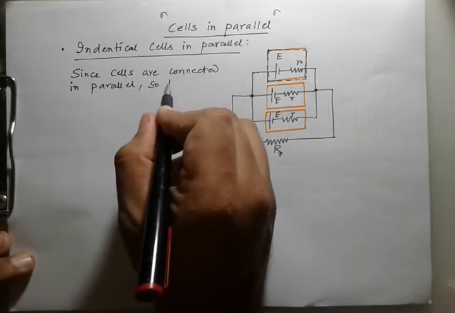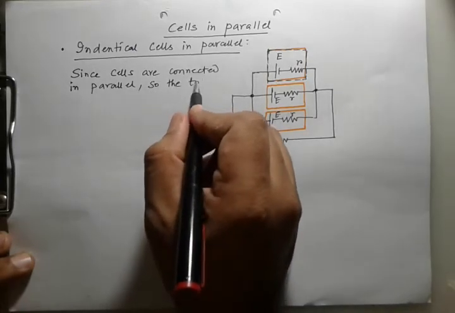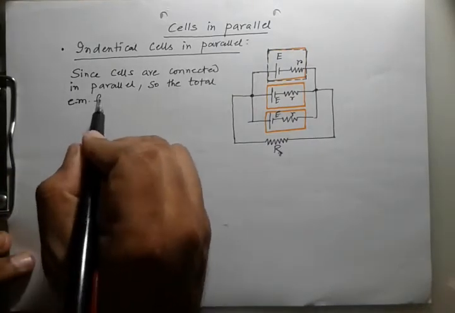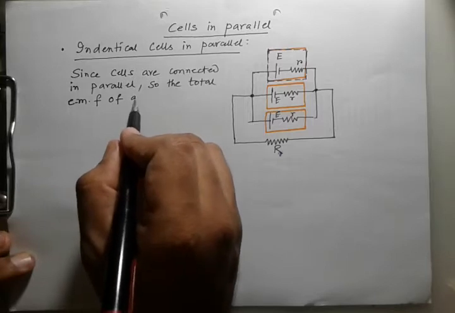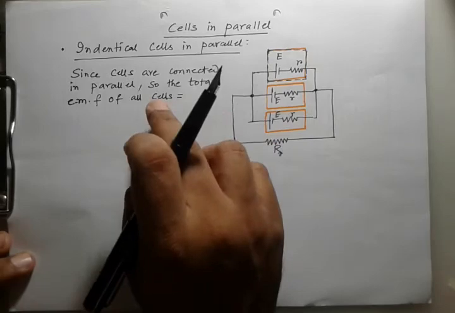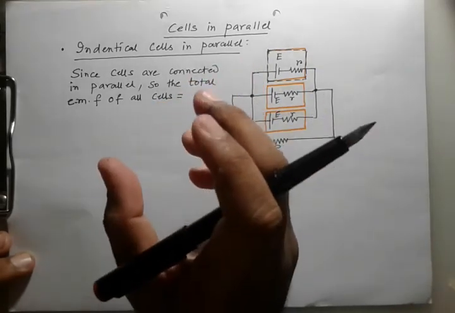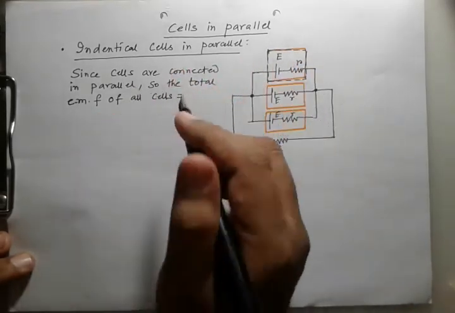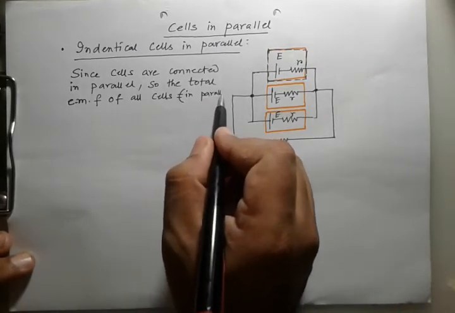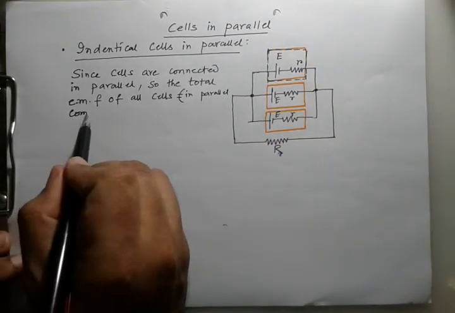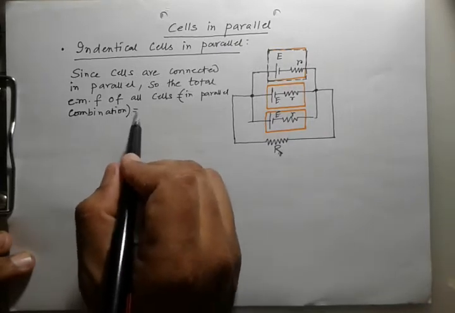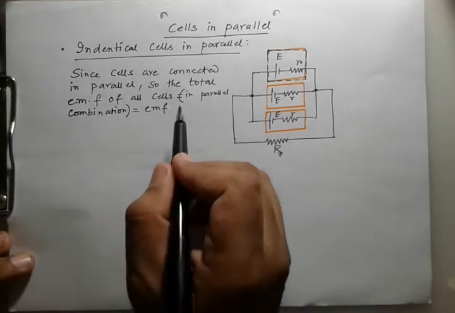So the total EMF in parallel combination is equal to the EMF of a single cell.